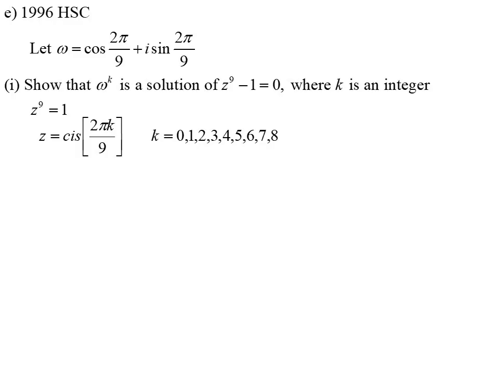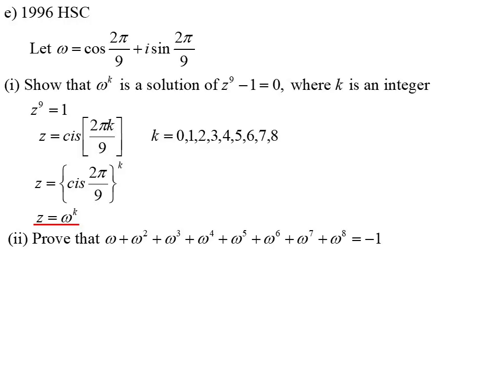In this case, I didn't write the plus or minuses. Main reason I didn't is because I want to do this. Using de Moivre's, I can say, well, hang on, that would be the same as cis 2 pi on 9 to the power of k. And cis 2 pi on 9, that's what they told me omega was. So actually that's omega to the power of k, where k is an integer.